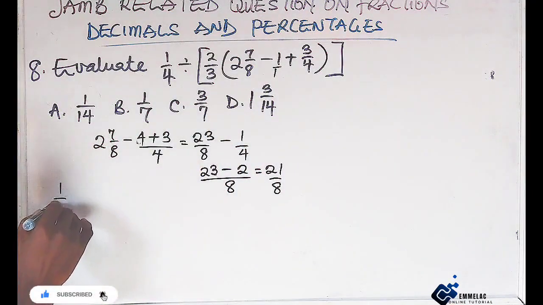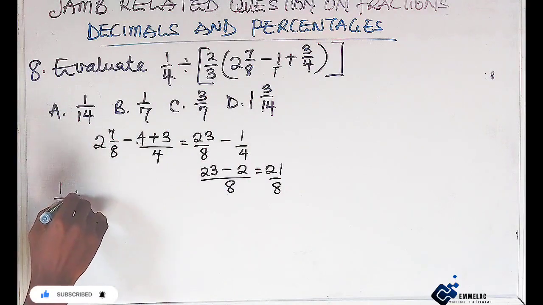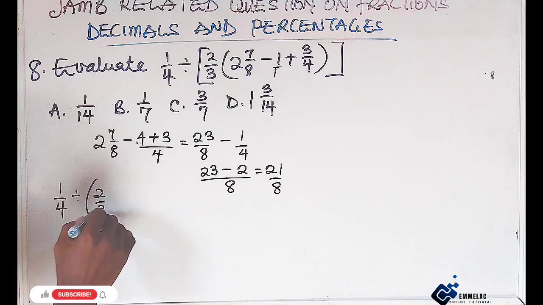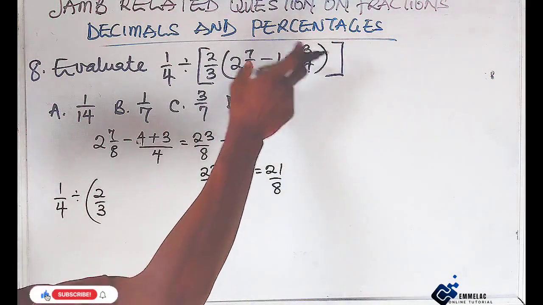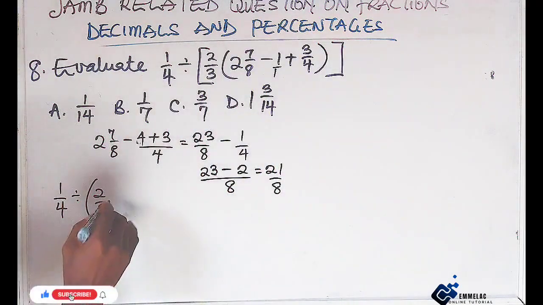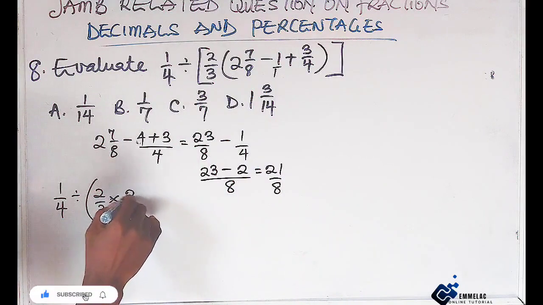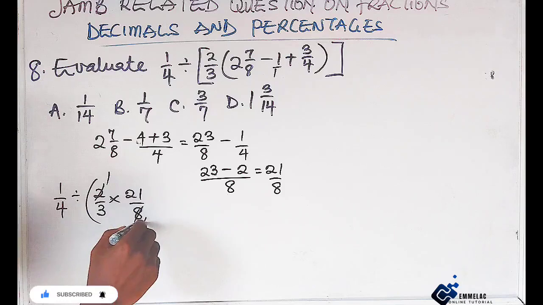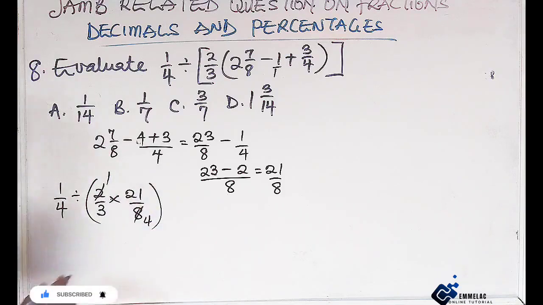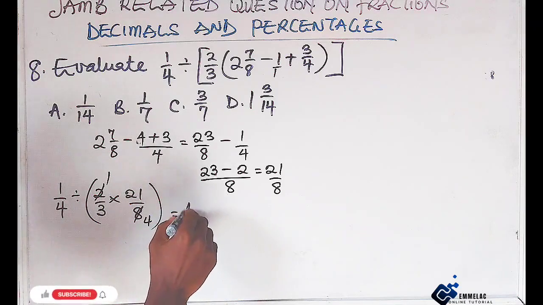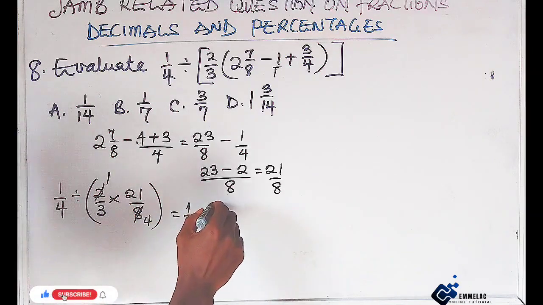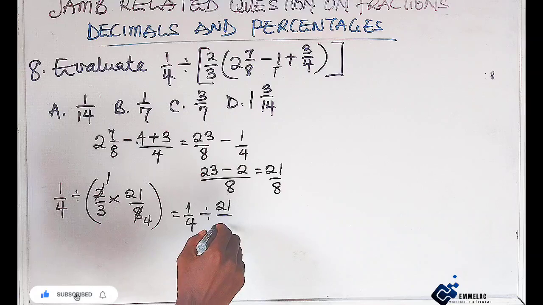So here we have 1/4 divided by, in bracket, 2 all over 3 times 21 all over 8. Now 2 here 1, 2 here 4. All right, so we continue. We have 1/4 divided by 21 all over 12, right?